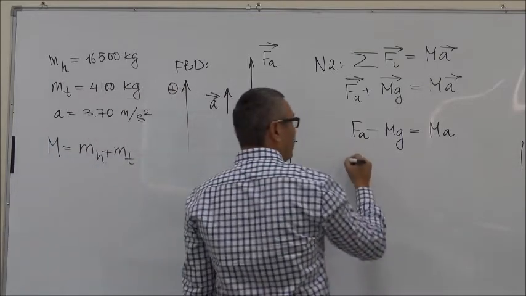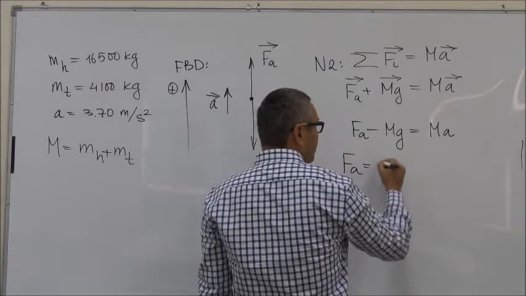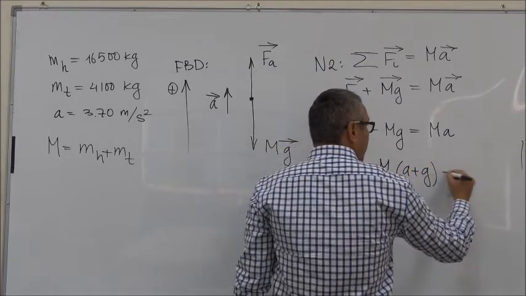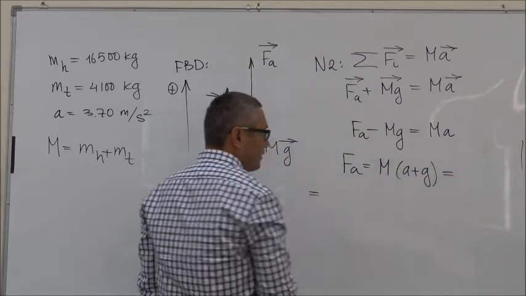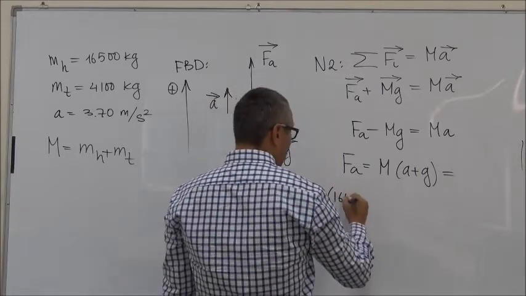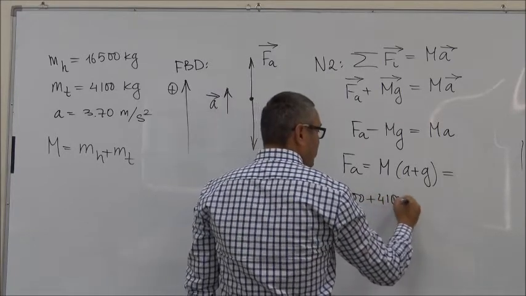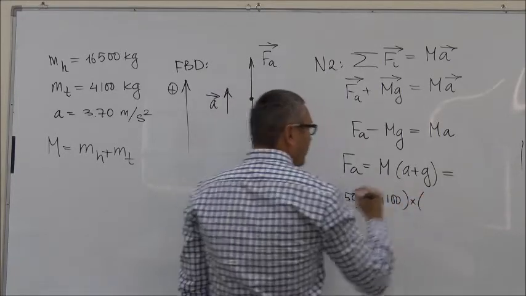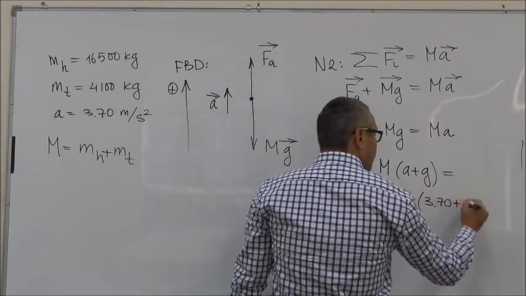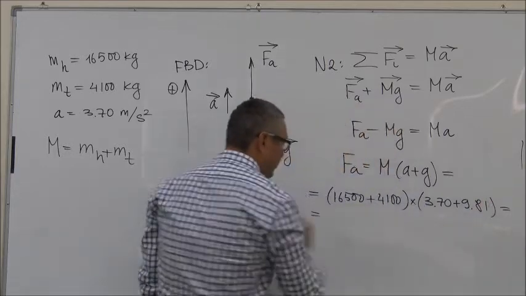So now we can calculate the force of the air. This is equal to the total mass times a plus g. The total mass is the sum of 16,500 plus 4,100, multiplied by the acceleration, which is 3.70, plus the free fall acceleration, which is 9.81.